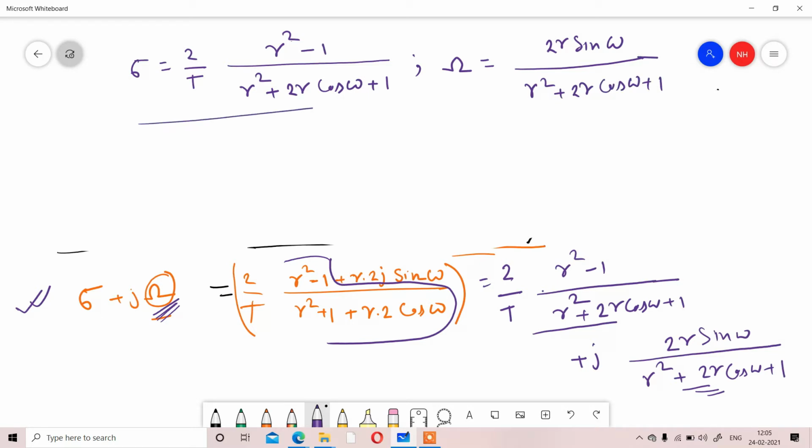So these two expressions we can get from the given characteristics. One is the real part, another is the imaginary part.